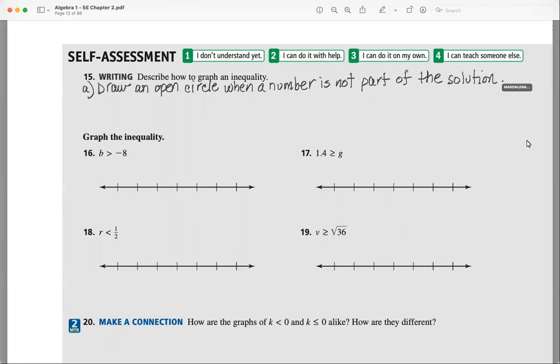Part B, we are going to draw a closed circle when a number is part of the solution.